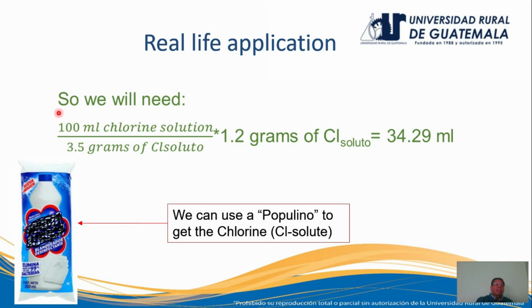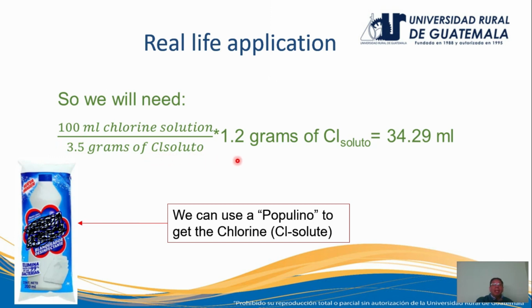So if we continue solving the problem, we need to make these operations here. We know that 100 milliliters of chlorine solution contains 3.5 grams of chlorine solute.